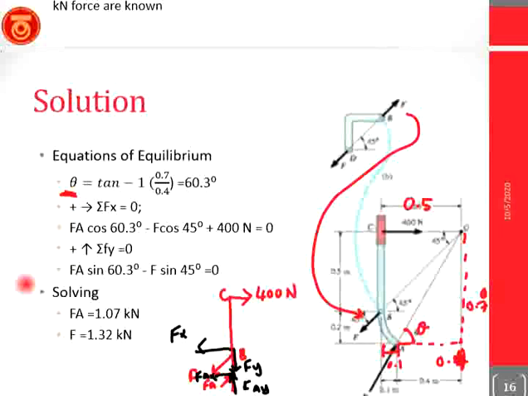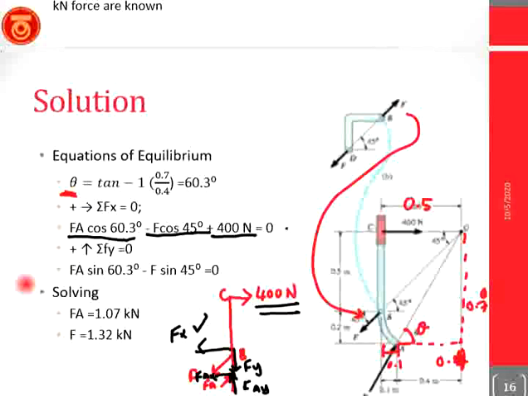So for Fx, because it is toward negative x, it is negative F cos 45, and Fx for A is positive FA cos 60.3, and we also have 400 newtons toward positive.